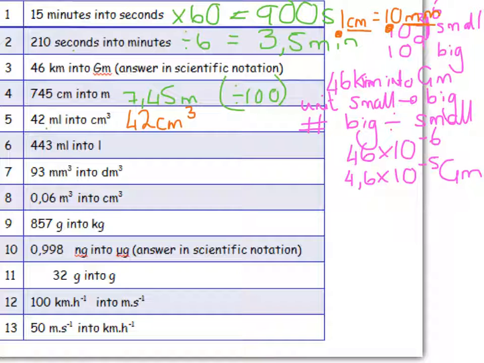When I'm going from milliliters into liters, then I need to go, milli is 1,000th of a liter, so I am going to divide by 1,000, and I'm going to take 443 divided by 1,000, and I land up with 0,443 liters. Little bit more tricky when I'm moving from millimeters cubed to decimeters cubed. I'm just going to remind you of the cubing function.